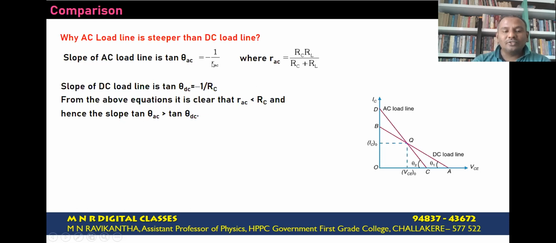Now, from these two, it is clear that RAC is smaller than RC, and hence the slope tan theta AC is greater than tan theta DC. Since slope is inversely proportional to resistance, we can conclude that the slope of the AC load line is greater than the slope of the DC load line, and hence the AC load line is steeper than the DC load line.